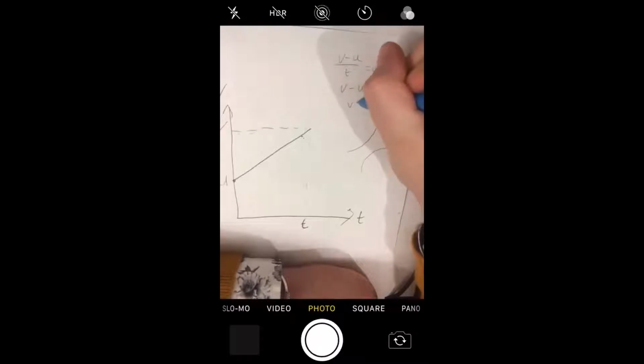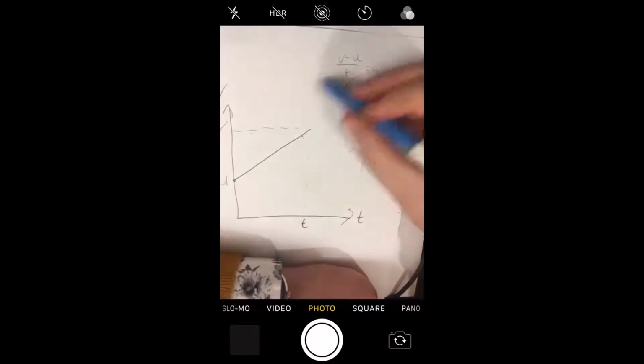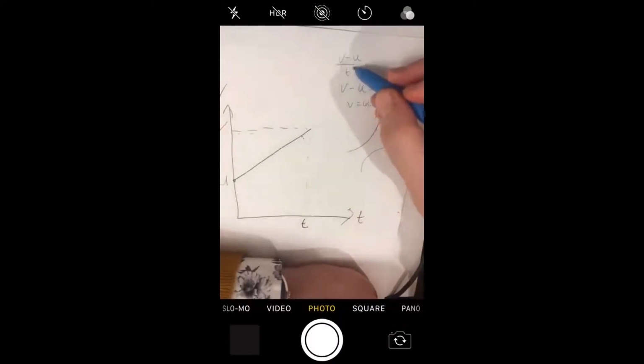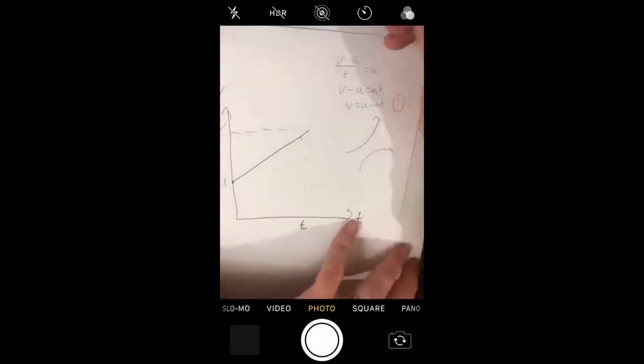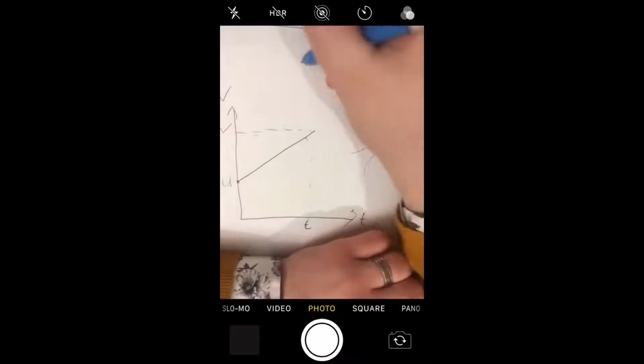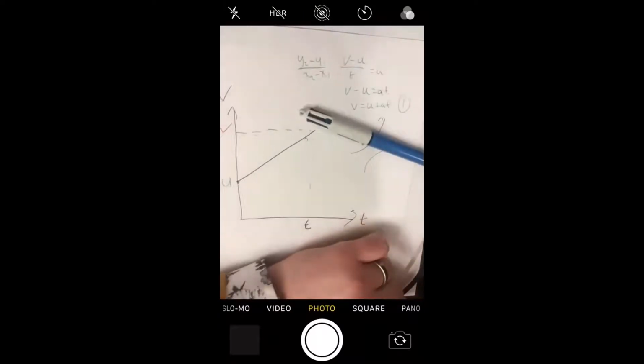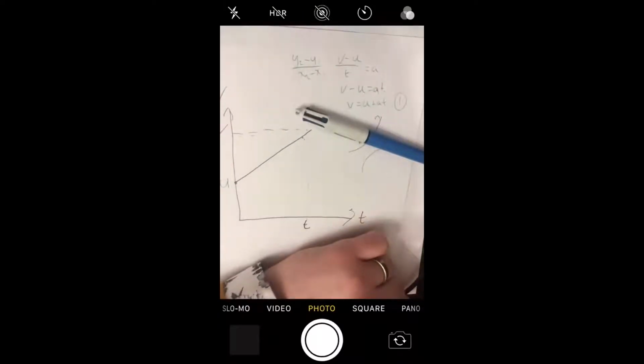We actually end up with v equals u plus at. Oh, we've got back to that first formula that I just showed you by finding the gradient. Remember, the reason this is the gradient is because v minus u is the same as saying y2 minus y1 over x2 minus x1.